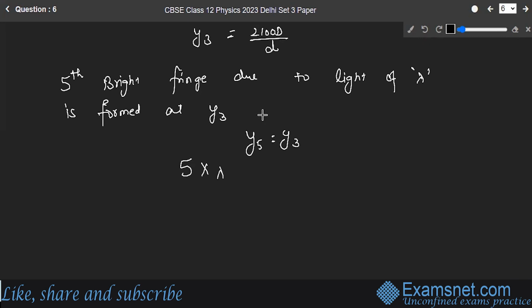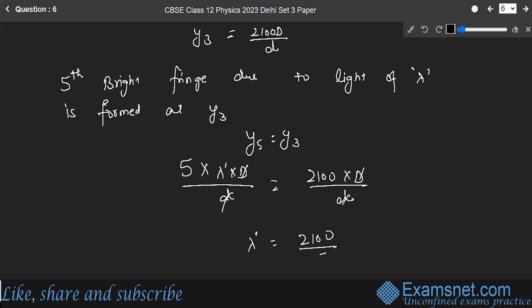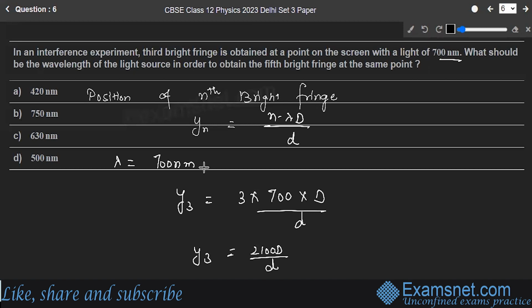Y5 will be given by 5 into lambda dash into D upon d, and this is equal to 2100 nanometers into capital D upon small d, and they will cancel out. You will have lambda dash is equal to 2100 upon 5, or this is equal to 420 nanometers. So the right answer to the question is 420 nanometers, first option. Hope you are clear with this.